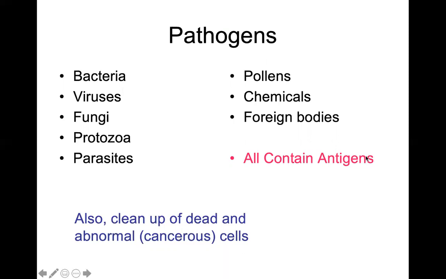And they all contain antigens, and antigens are, in this definition, something that an antibody can bind to, something that an antibody can recognize. And on one antigen there are many epitopes. An epitope is like a specific amino acid sequence. It doesn't even have to be amino acid, actually. It could be a fat molecule, like bacteria have what's called LPS.